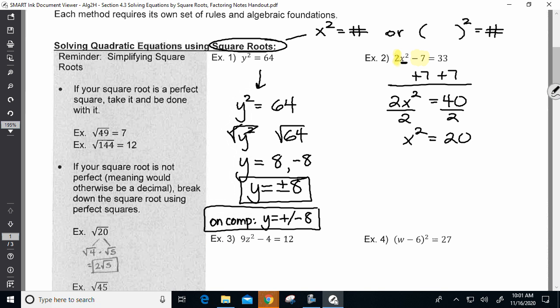So you cannot take the square root until the square term is isolated, meaning it's by itself. But now we can take the square root.